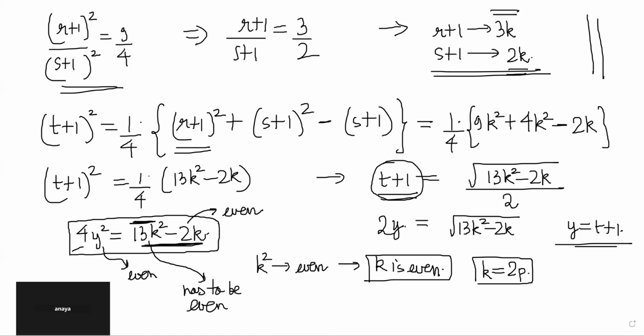So we'll put k is equal to 2p in the same equation. That will help us, because now you'll see what will happen.